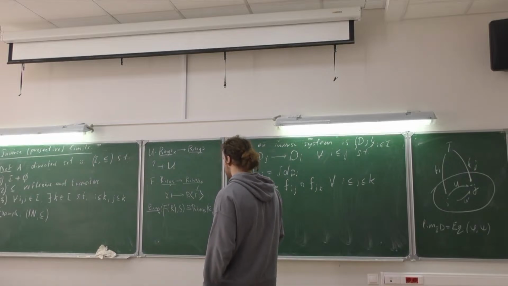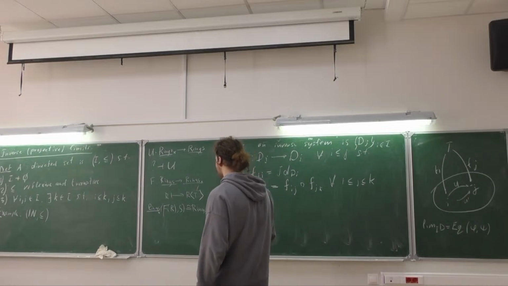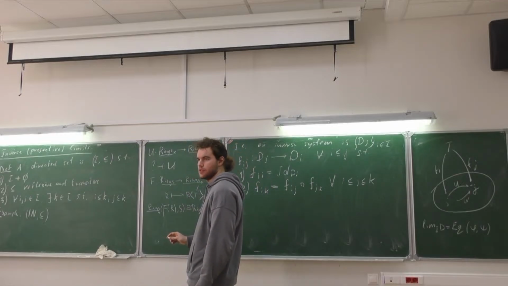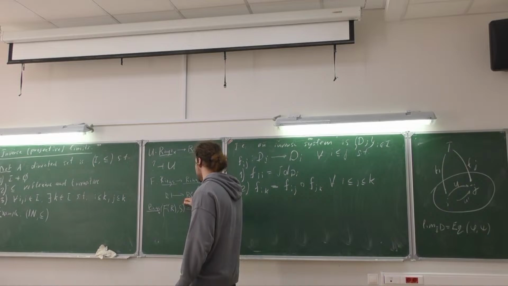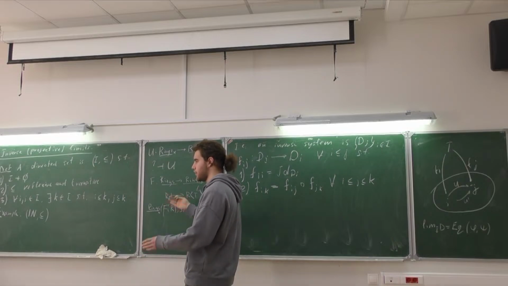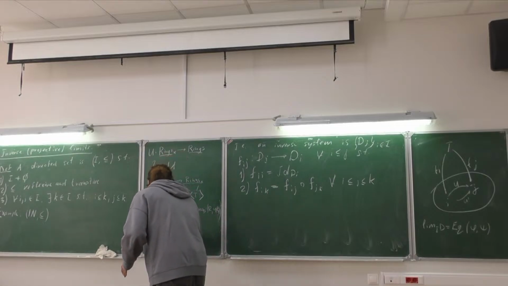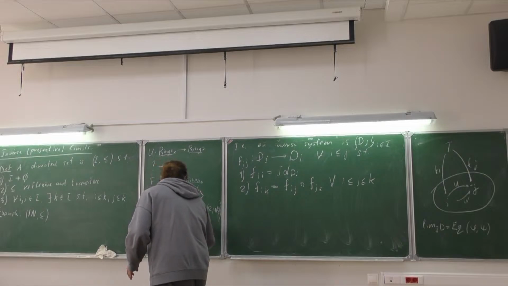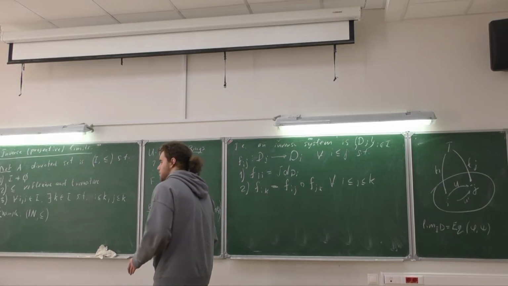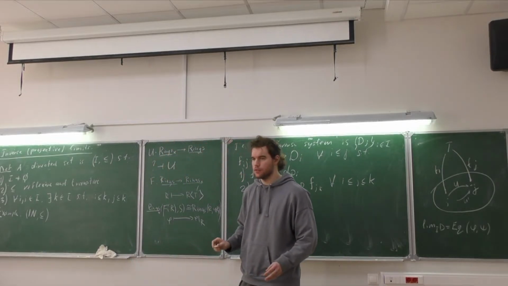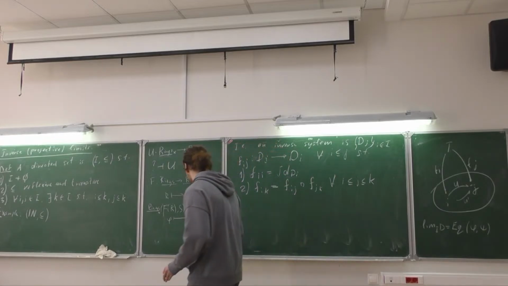Well, one direction is clear, right? This ring contains R as a subring, therefore I could just use the restriction, and if I have a homomorphism of pointed rings here, I could just restrict it to the ring R and we are good, right? Vice versa.